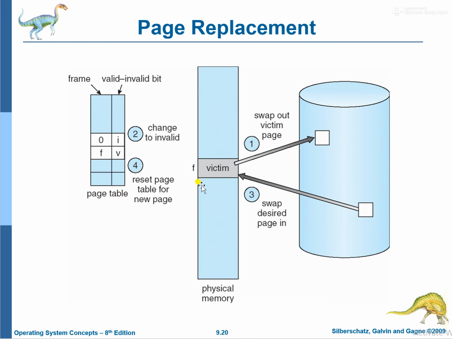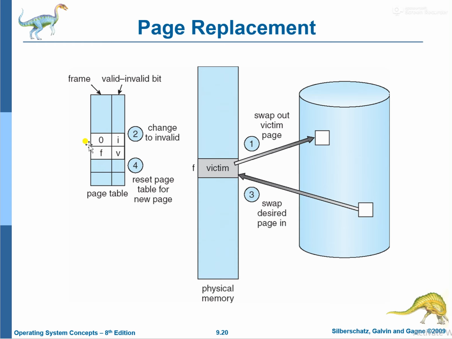So once you select the victim page, at that time you have to change the page table, and when you swap in the desired page, then you have to change the page table again. So for the victim, you will change the valid-invalid bit to invalid, and when you bring the desired page, for that page you will change from invalid to valid.